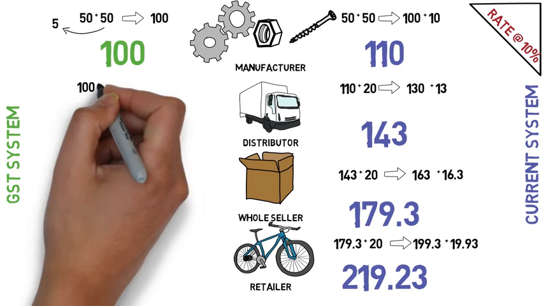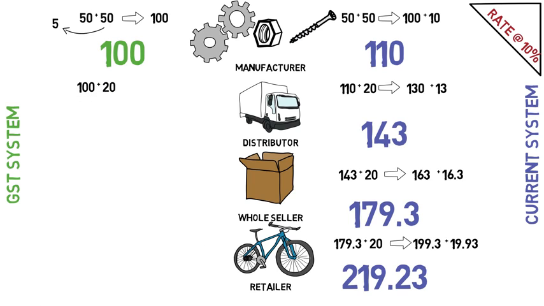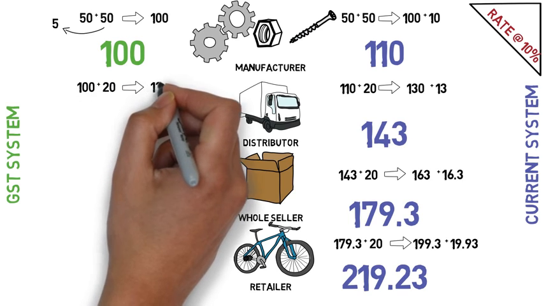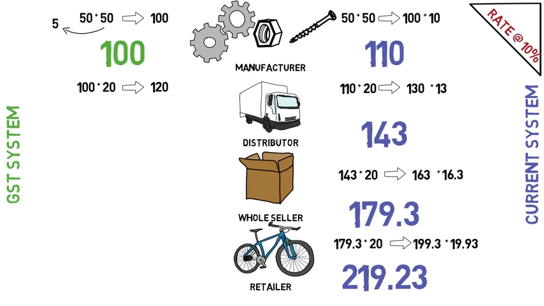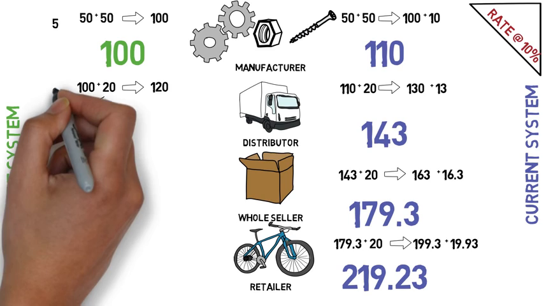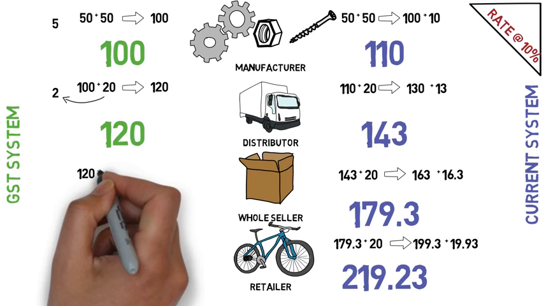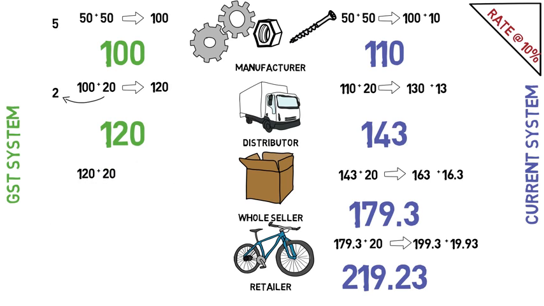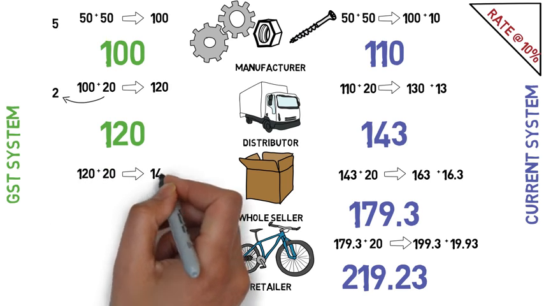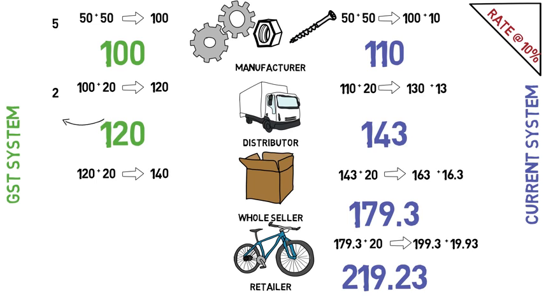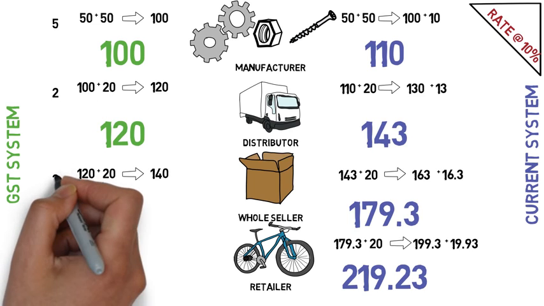Then the distributor adds 20 rupees profit and the product becomes 100 plus 20, which is 120 rupees. He pays the tax of rupees 2 on his profit of 20 rupees. The wholesaler buys the product for 120 rupees and follows the same pattern, adding 20 rupees profit, and the price will become 140, and pays the tax of rupees 2 on his profit of 20 rupees.